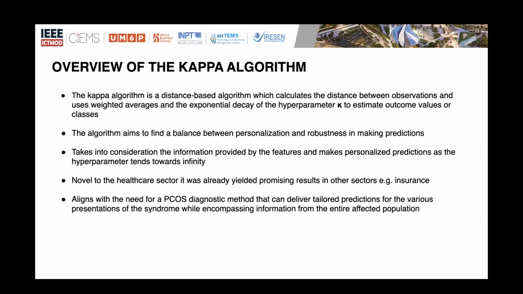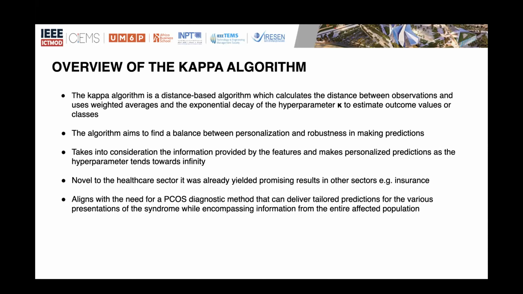As mentioned before, the whole idea behind this algorithm is that it was designed to find the balance between both personalization and robustness in the prediction process. It achieves this balance by incrementally taking into consideration the information provided by the features and making more personalized predictions as kappa, the hyperparameter, increases and tends to infinity.